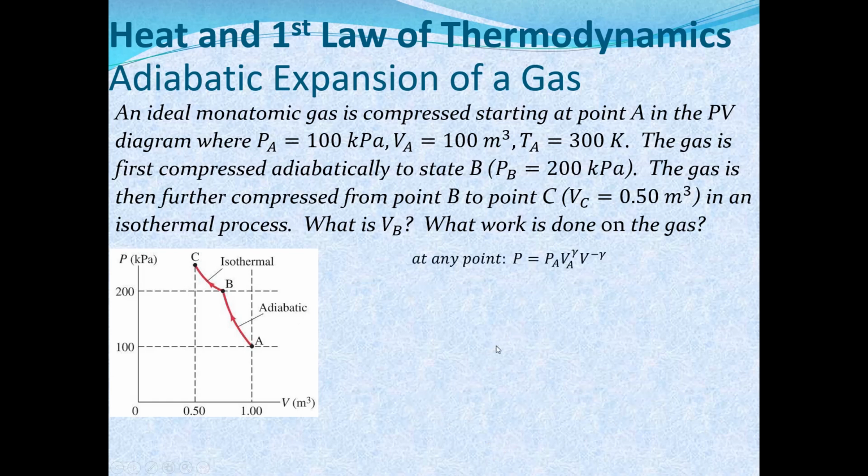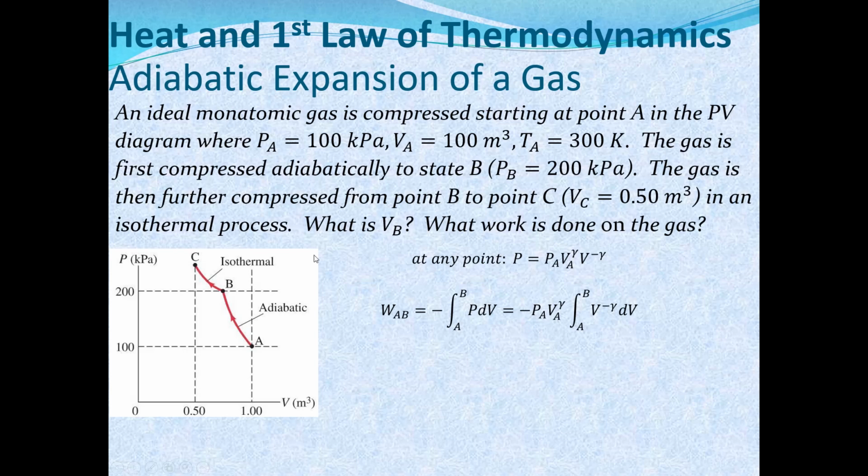All right, the next part, finding the work being done on the gas. So we're going to do the whole process. We already know how to get from B to C, the work done that way. We just kind of have to come up with an equation going from A to B. So what we have to do is go back to our definition of how we found work. We always found work by doing the integral of P dV.